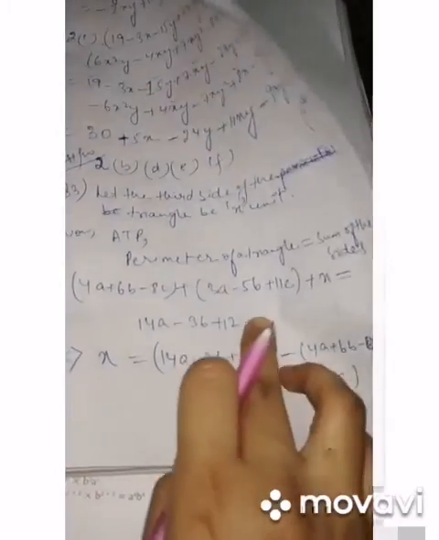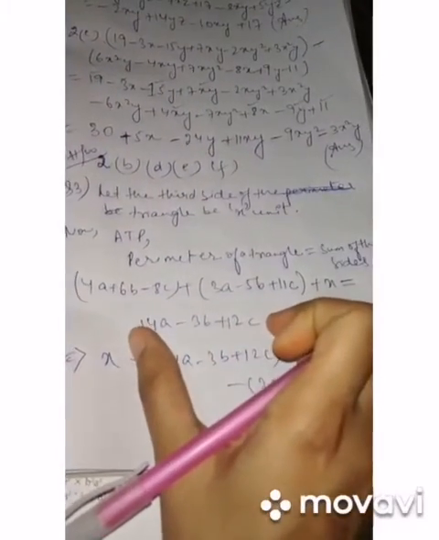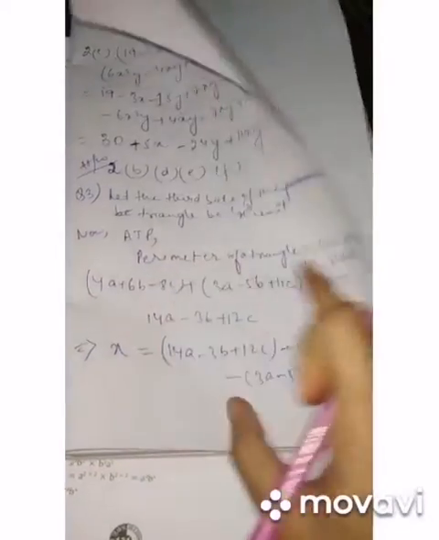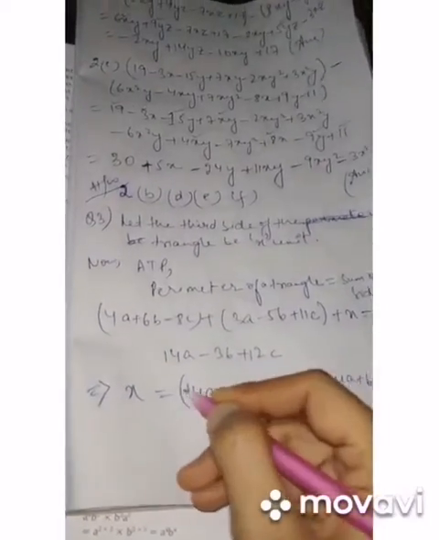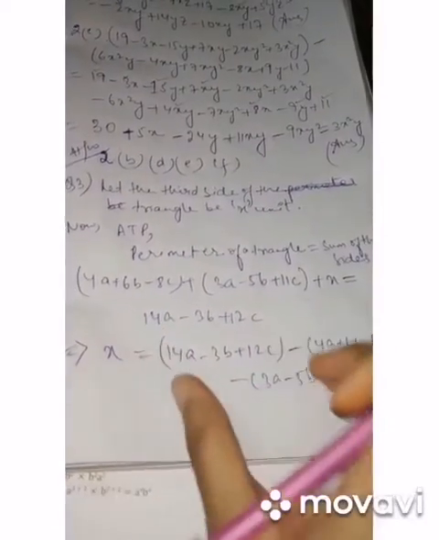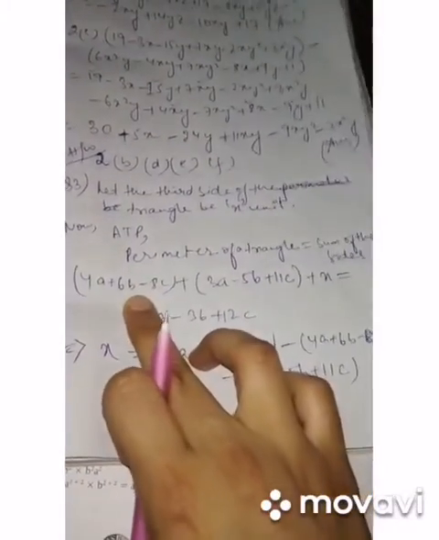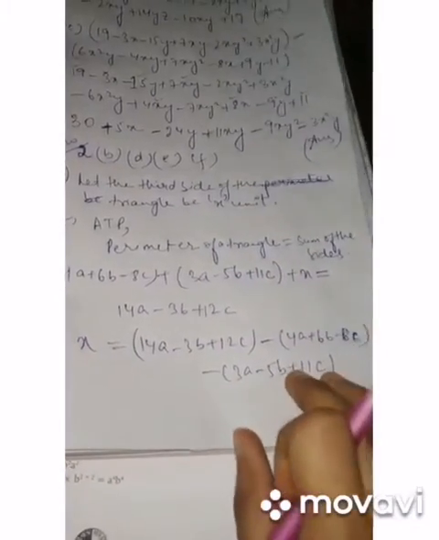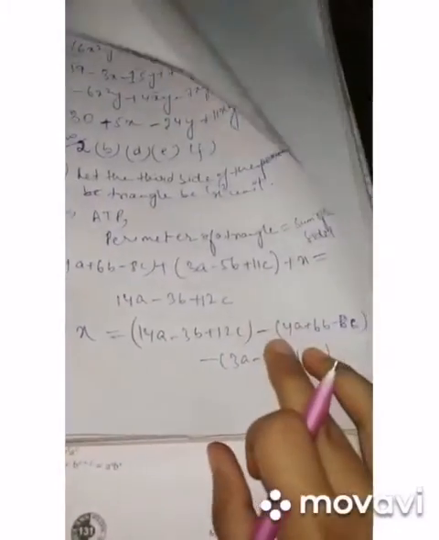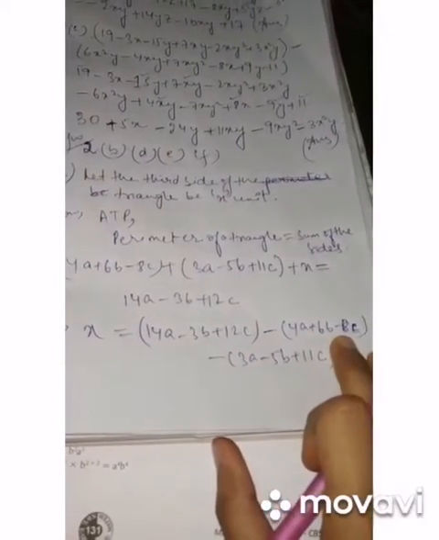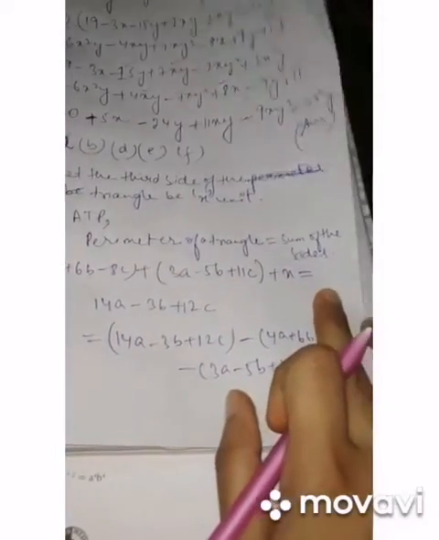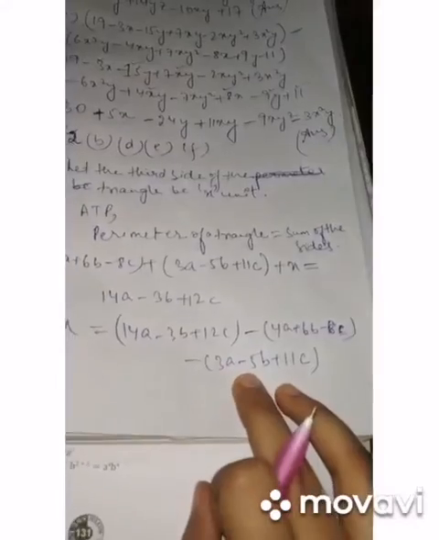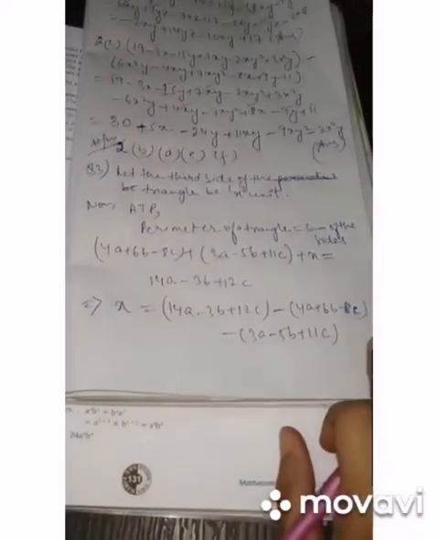So here the given expression is written, and when this expression comes to the other side of the equals to, the sign will get changed. So here it is plus, when it comes it will get minus. So minus 4a plus 6b minus 8c, and here is also plus. When this comes to the other side, it changes into minus. So like this we have to write. Now what will we do?